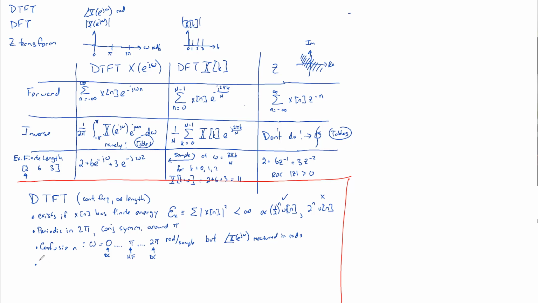We talked about the energy density spectrum. The energy density spectrum is S x x of e to the j omega. It's a continuous function in omega, and you can calculate it as just the square of the magnitude of the DTFT.